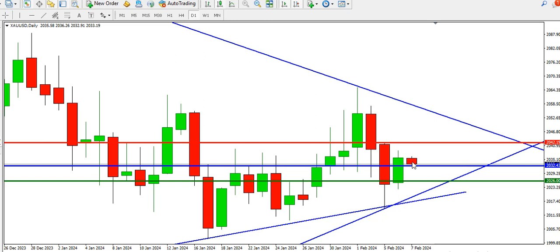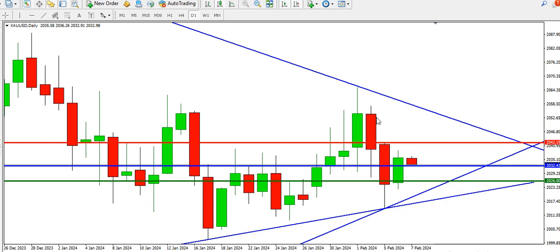All right, or price might further drop to test this ascending trend line. We have this trend line, and then we have this particular trend line. So price might likely drop to test the two ascending trend lines for the range to continue.